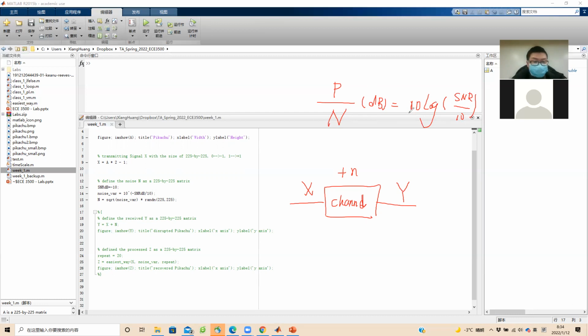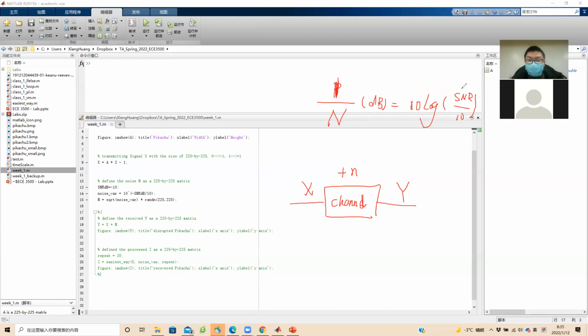According to this formulation, let me see, noise power. Suppose that the transmitted signal power is 1. If we want the ratio of signal to noise power to be higher, then the noise power must be small.